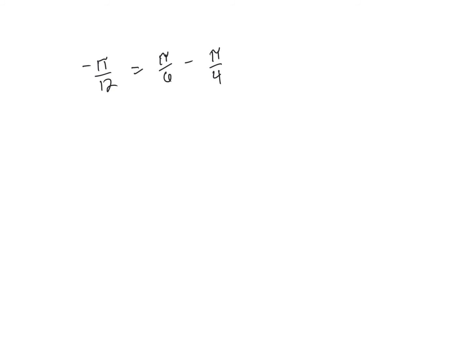So our difference formula, let's say we want to do sine first. We eventually want to do all of them, but first we want to do sine. So sine of u minus v equals sine of u cosine of v minus cosine of u sine of v. What does that mean for our equation?